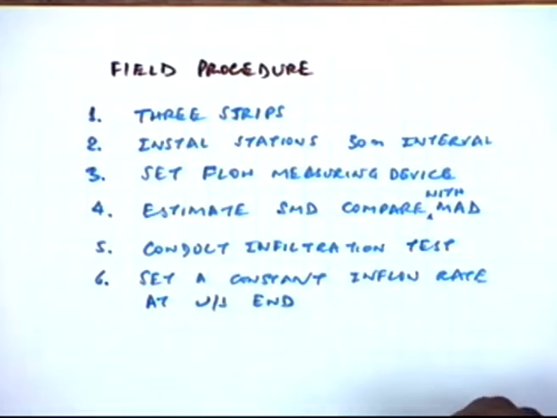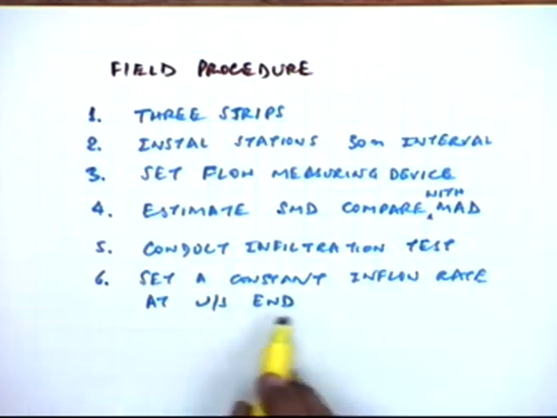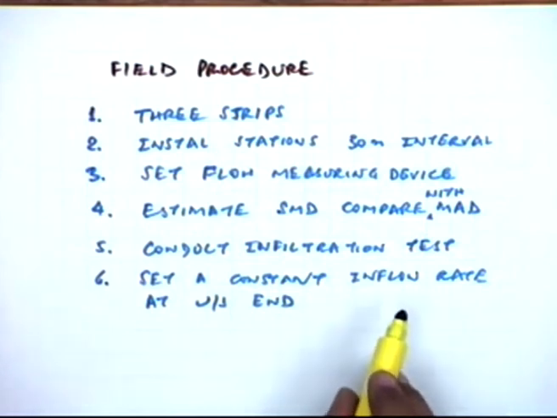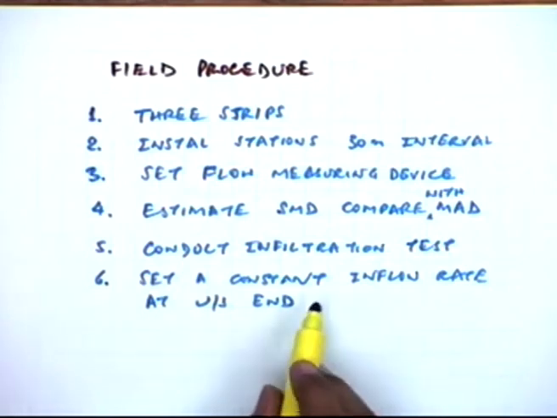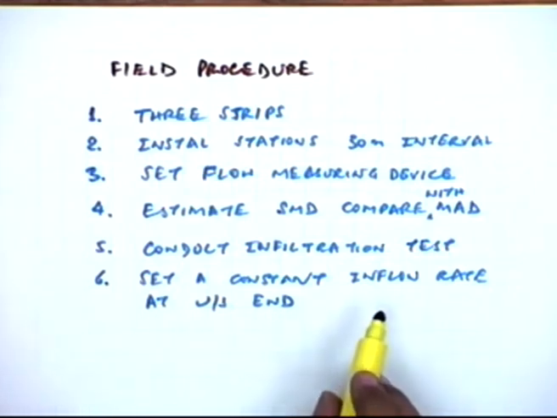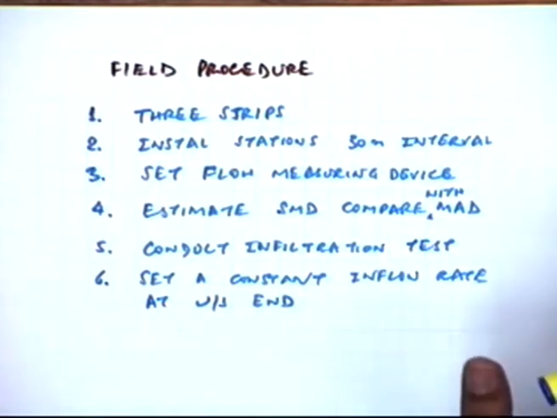You have a feeling of what the inflow rate is under the prevailing circumstances, or if you have used the designs, that inflow rate which is the design inflow rate, you have selected that rate, supply that in one of the strips, and in the other 2 strips take one rate which is slightly lower than this and another rate which is slightly higher than this, so that you are covering a range which is closer to your design inflow rate or the design stream size.